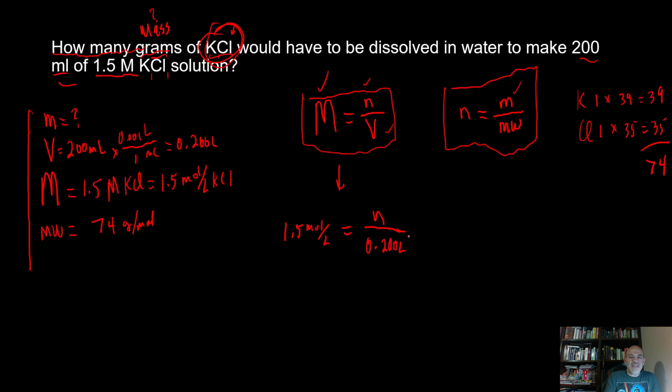And now what I need to do is solve for n. Since n is being divided by 0.2 liters, I'm going to multiply both sides by 0.200 liters. That will cancel there, but I also need to multiply this side by 0.200 liters. The liters cancel, and that's going to give me the number of moles. So it's 1.5 times 0.2.